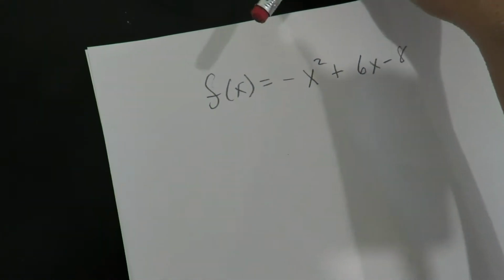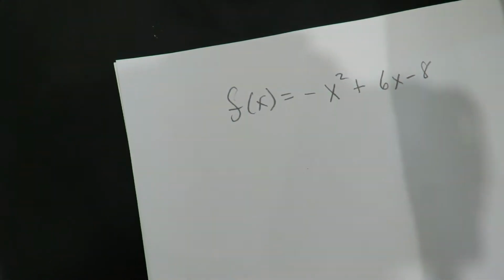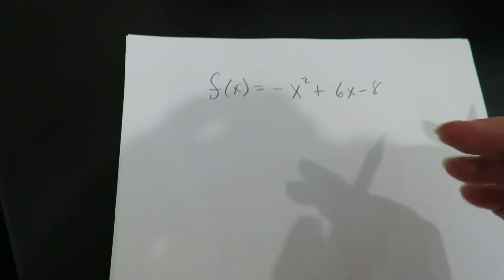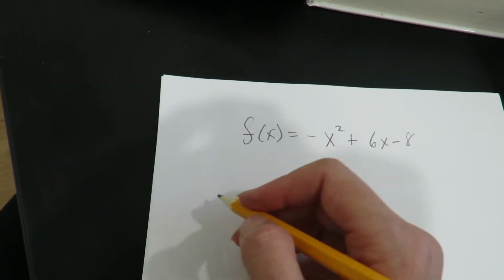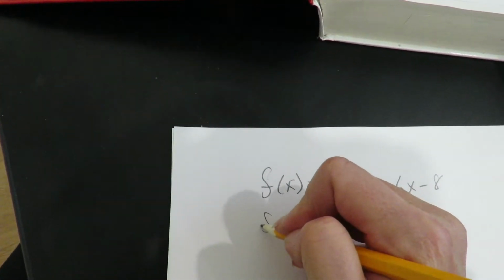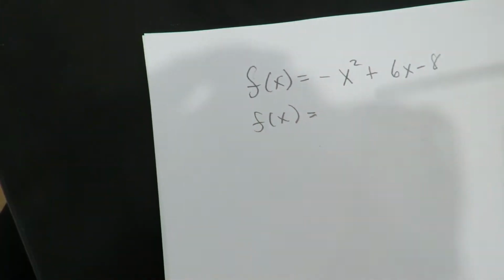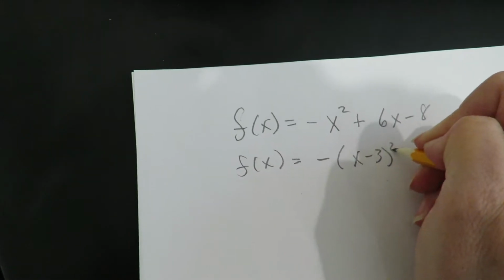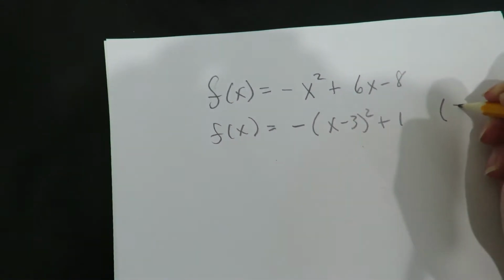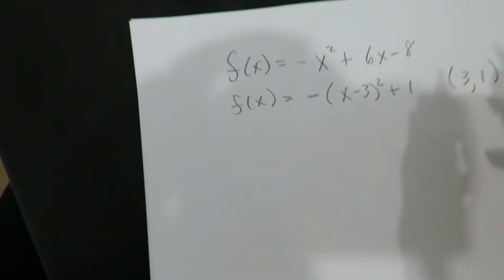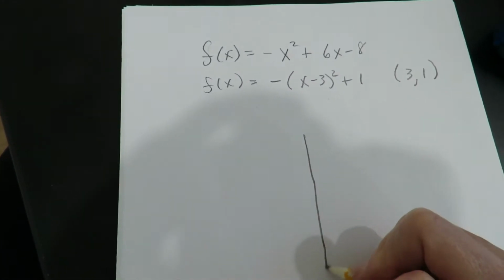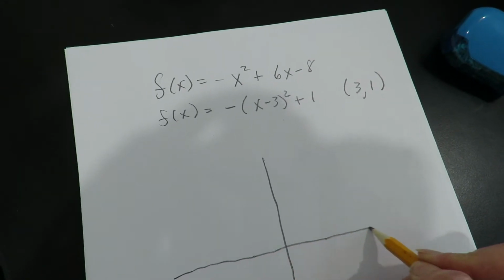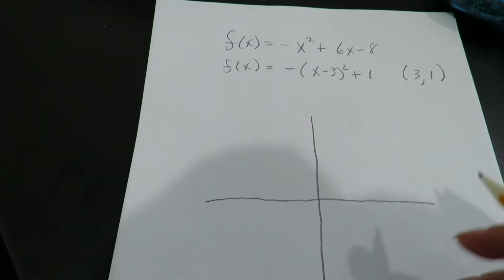Where's my factored form? I like it in both. Well, I guess it doesn't matter. This one looks like it's going to factor. Okay, I need the vertex of it. So we said 3, 1. Okay. All right, gang, let's see what we got here.